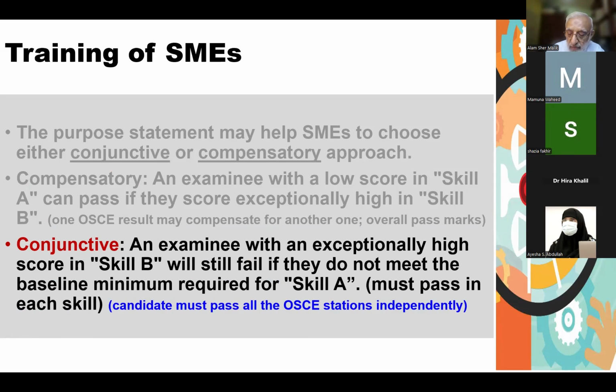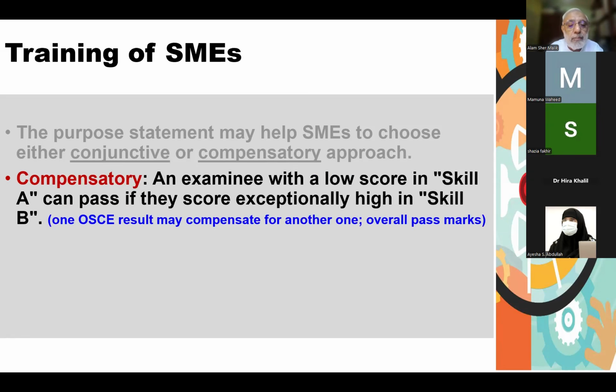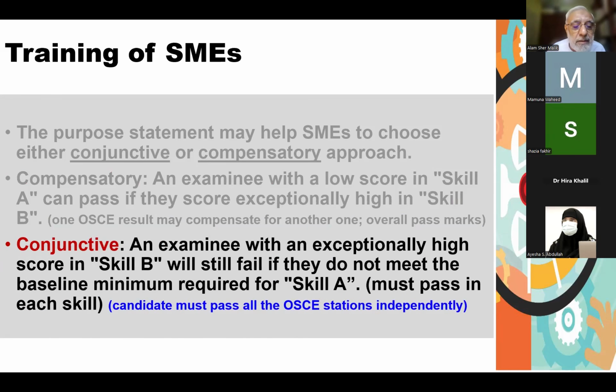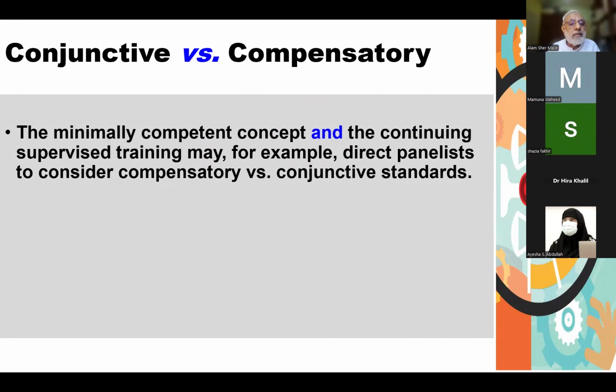So in the compensatory approach, the result from one OSCE can compensate for the other station, whereas in the conjunctive approach, the student must pass all stations. Now, how it works is that when the candidate is going to join as a house officer, there would be training available as a house officer as well.